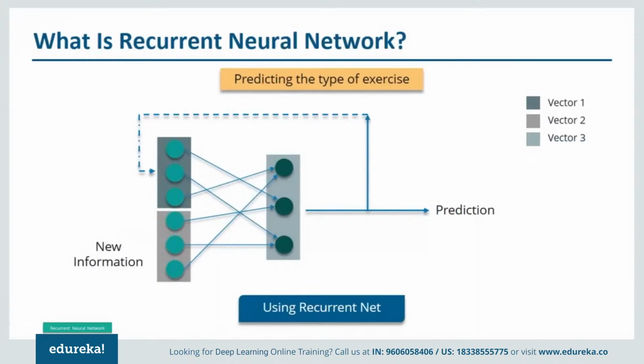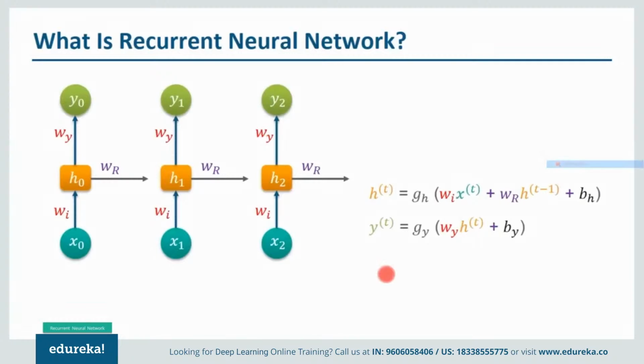Now let me show you the math behind the recurrent neural networks. So this is the structure of a recurrent neural network guys. Let me explain you what happens here. Now consider at time t equals to 0, we have input x0 and we need to figure out what is h0. So according to this equation, h of 0 is equal to wi weight matrix multiplied by our input x of 0 plus wr into h of 0 minus 1, which is h of minus 1, and time can never be negative, so this particular equation cannot be applied here, plus a bias.